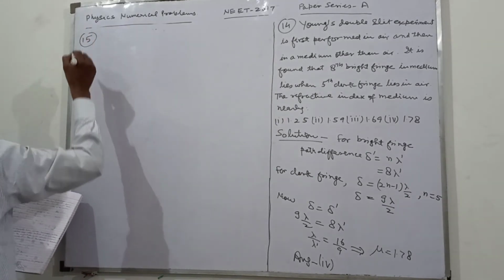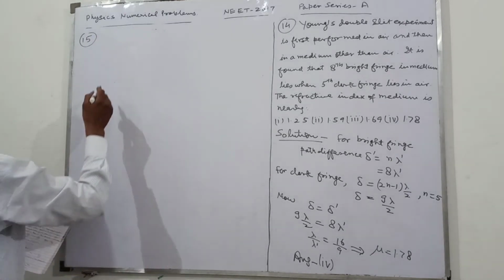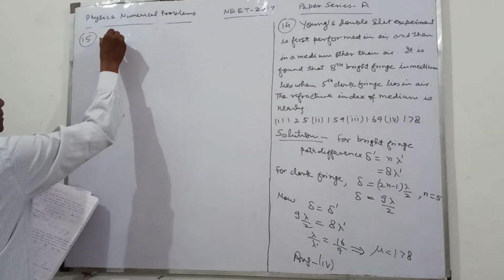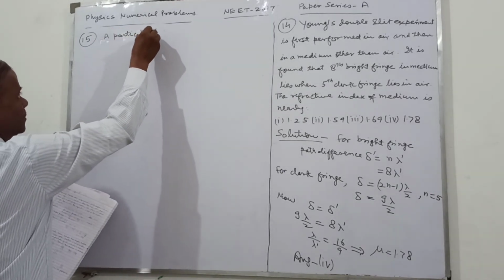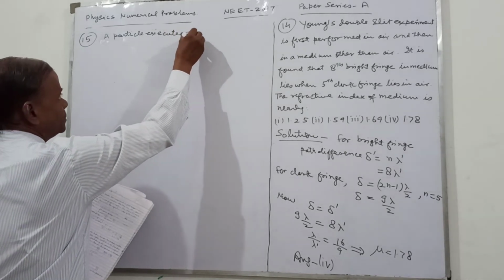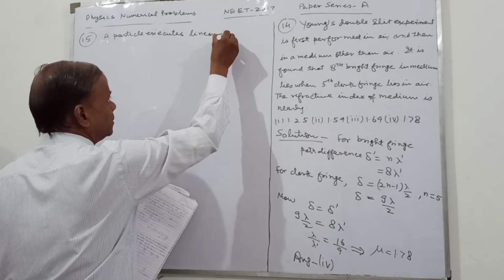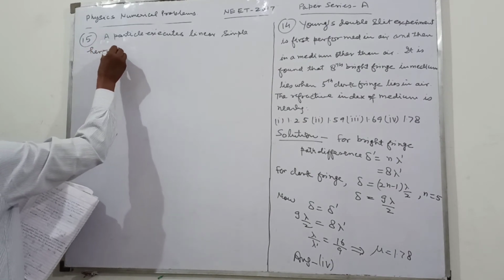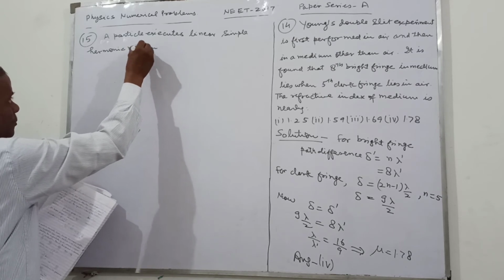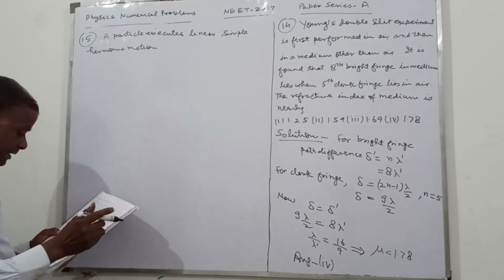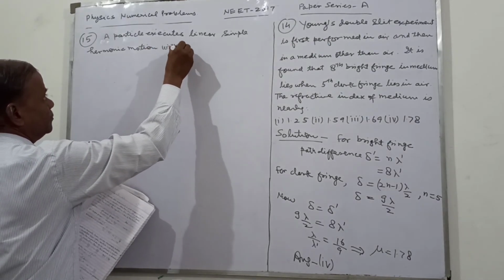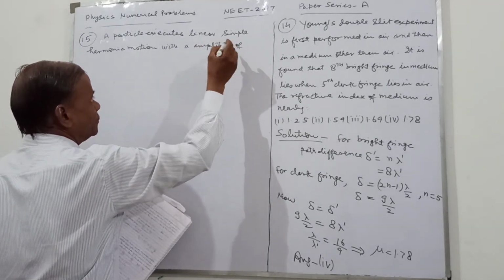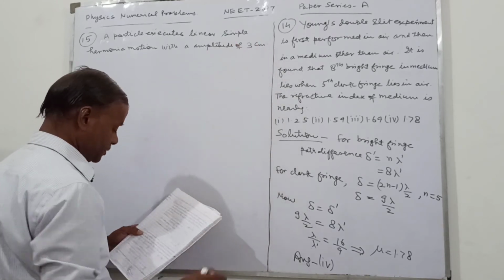Question. A particle executes linear simple harmonic motion with an amplitude of 3 centimeter.